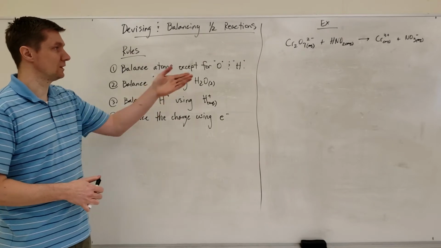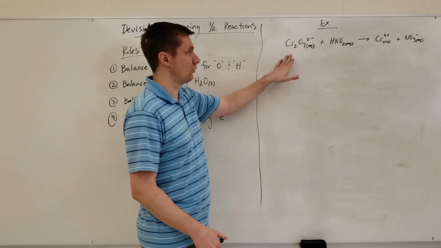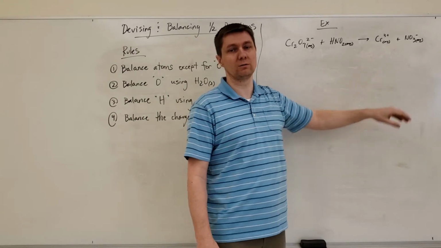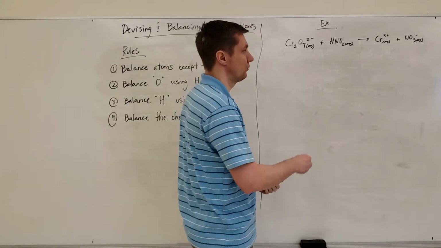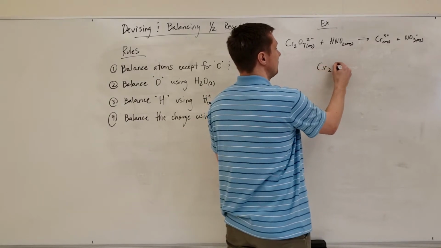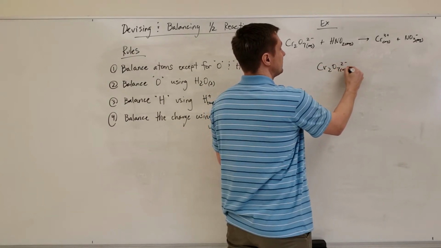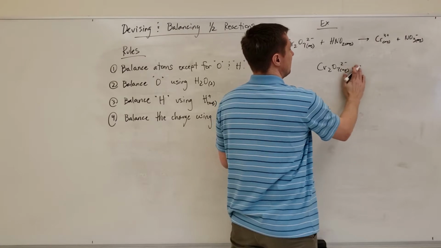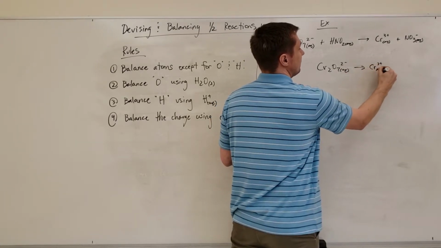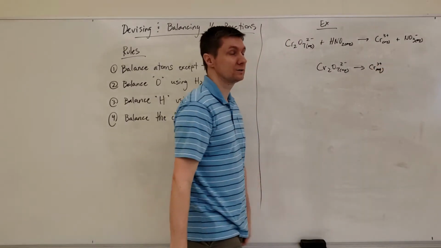So jumping into this, we can see that a chromium containing compound here is obviously going to turn into a chromium containing compound over here. So my half reaction is going to be Cr2O7 2- aqueous turns into Cr3+ aqueous.